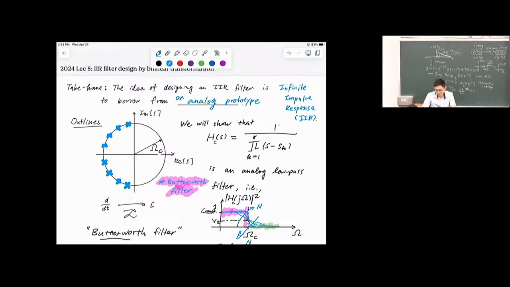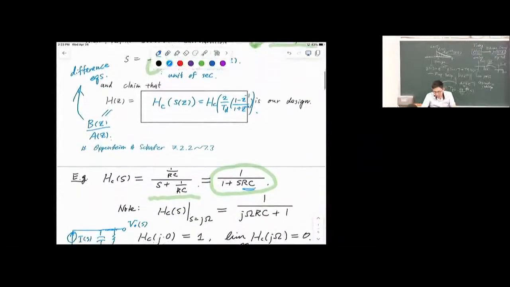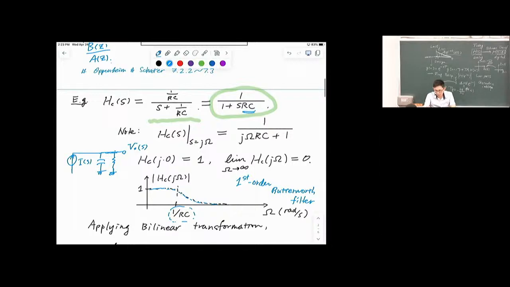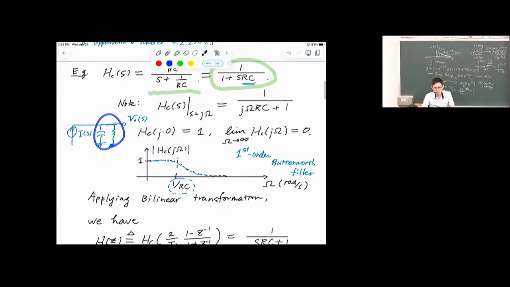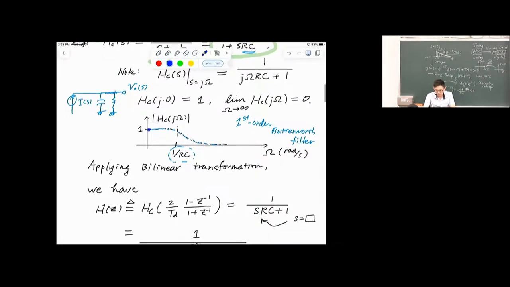All right, so we are about to talk about borrowing from this very analog prototype, which resembles the characteristics of this circuit. And we know that it's a low pass. It turns out that the analog magnitude response monotonically decreases.